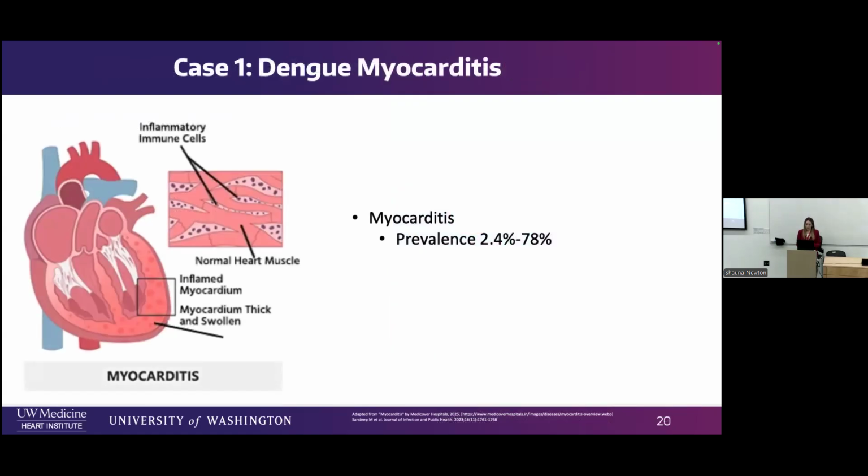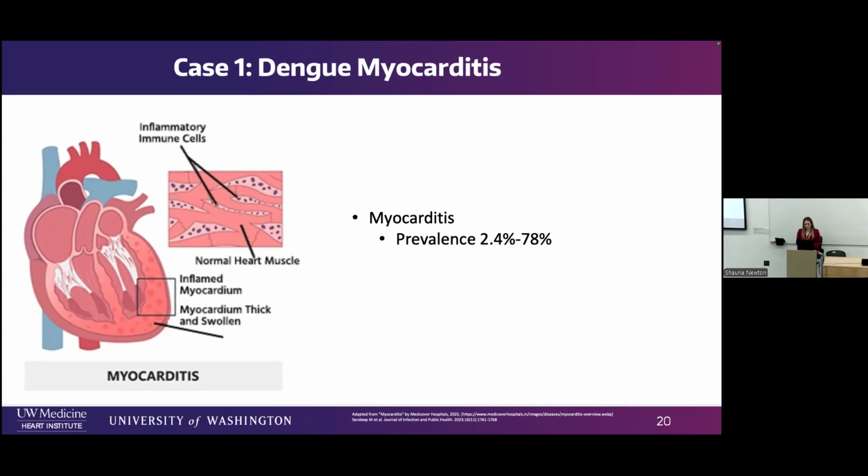Myocarditis can happen in dengue. There have been documented cases with histopathological features that are more consistent with lymphocytic myocarditis, which is, I think, what we commonly see with viral myocarditis. The prevalence was all over the place. There's one large meta-analysis of 16 articles, which described a prevalence of 2.4 to 78%.